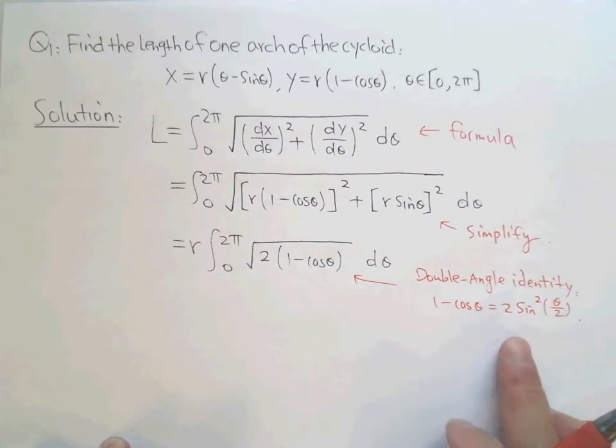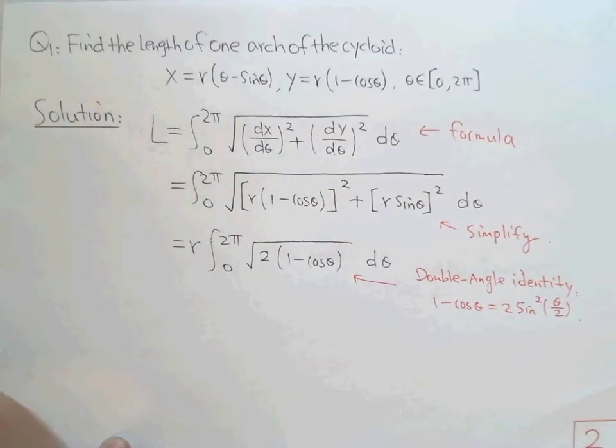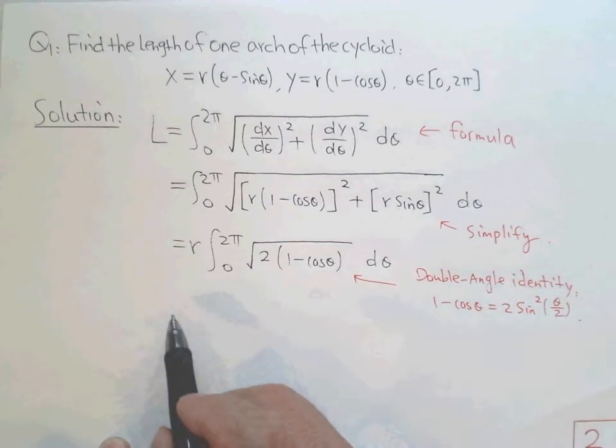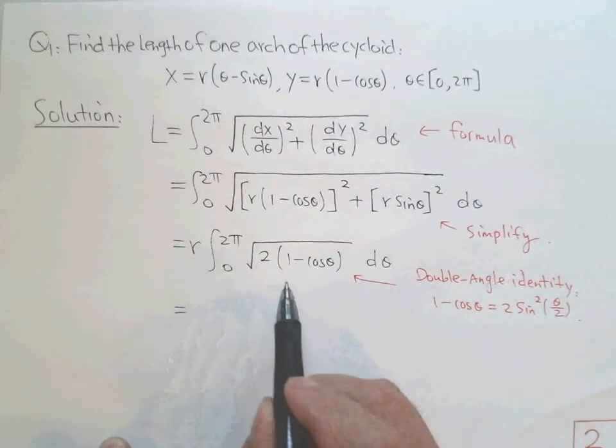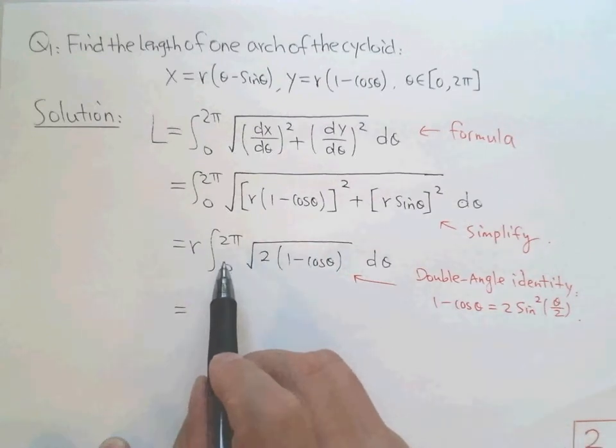Or you say cosine theta equals 1 minus 2 times sine squared of the half angle. Okay, this we call the double angle. If we plug this in and take the square root, definitely we can simplify. What do we have? This 2 and this 2 is 4, take out 2 again.